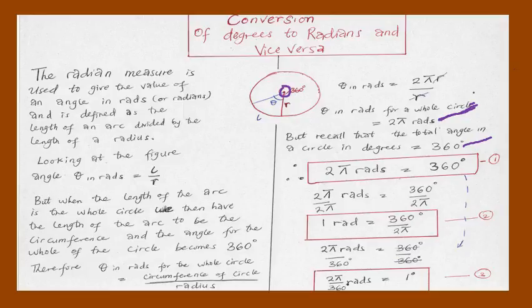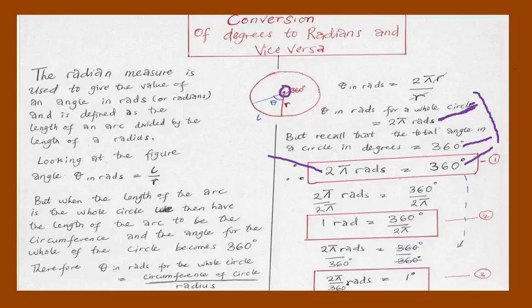So it therefore means that 2 pi radians equals 360 degrees. This is the basis for conversion from radians to degrees, or from degrees to radians.